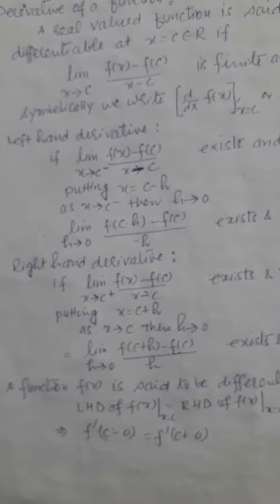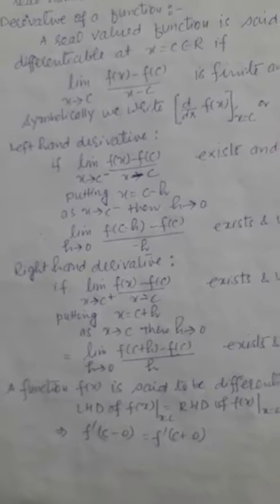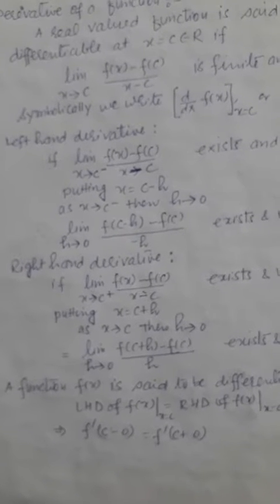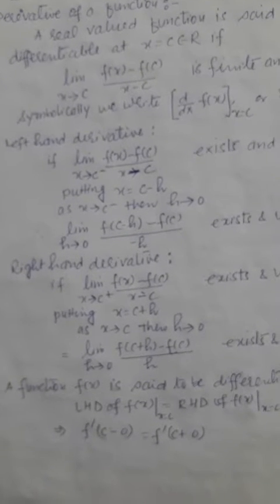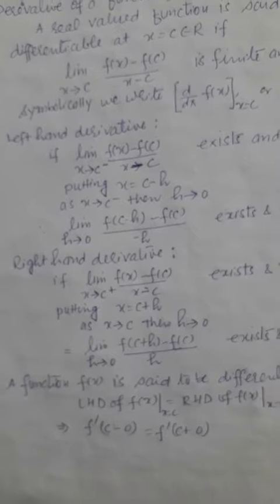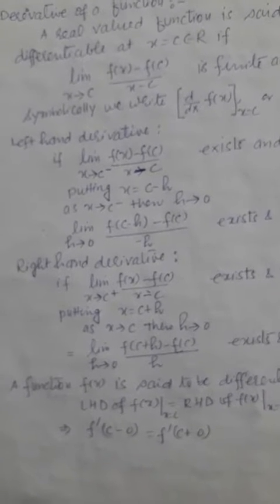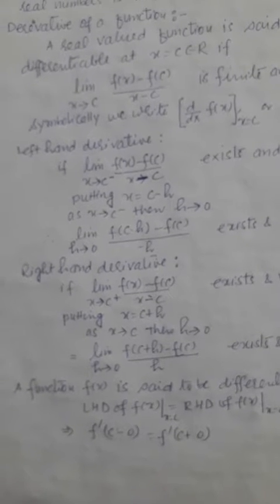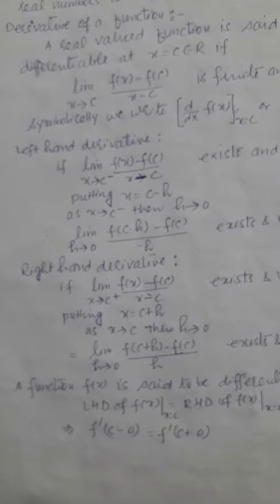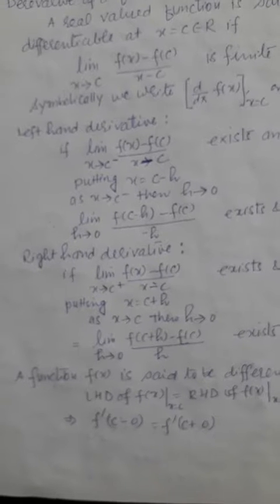Put x equal to c minus h. As x tends to c, then h tends to 0. So replacing x by c minus h here, we get f of c minus h minus f of c upon minus h, limit as h tends to 0.